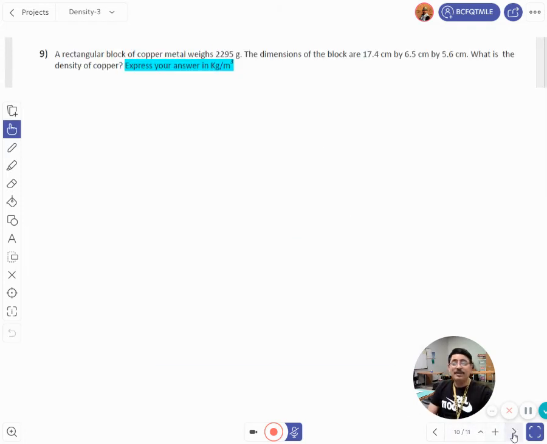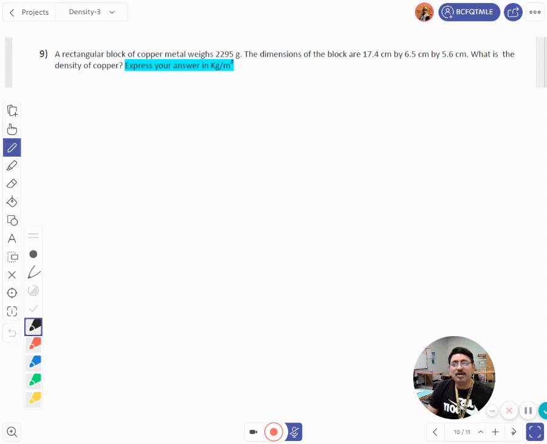The next question is: a rectangular block of copper metal weighs 2295 grams. The dimensions of the block are 17.4 centimeters by 6.5 centimeters by 5.6 centimeters. What is the density of copper? Actually, the question seems to be a straight question.